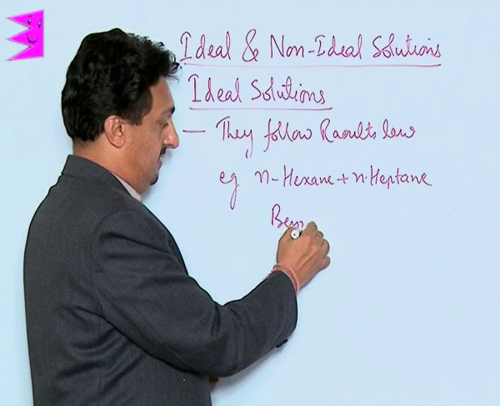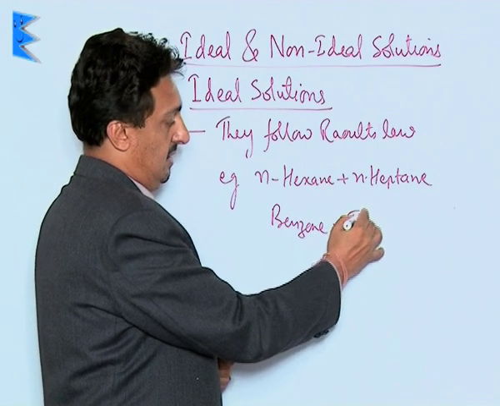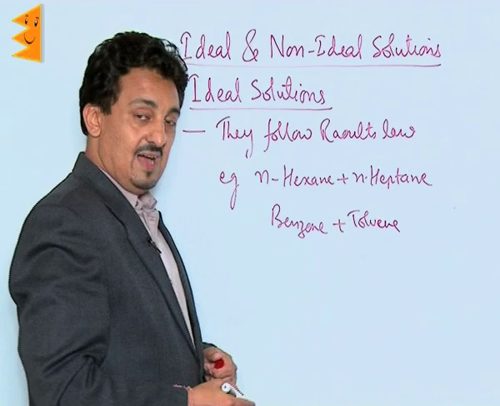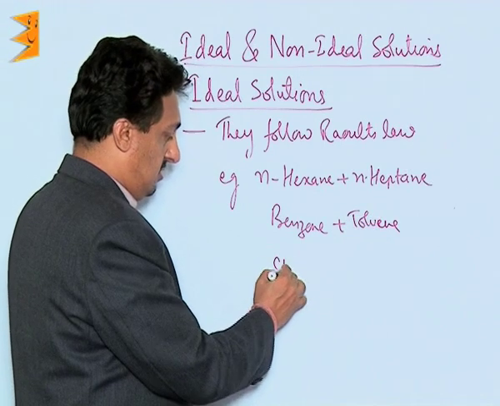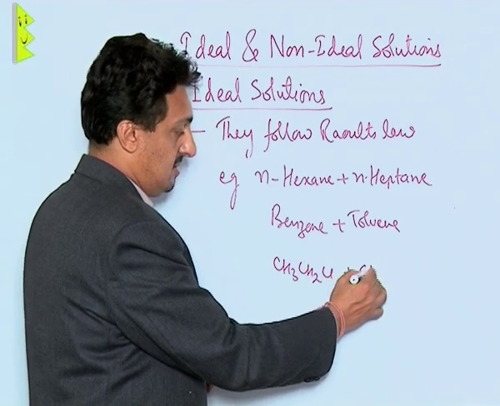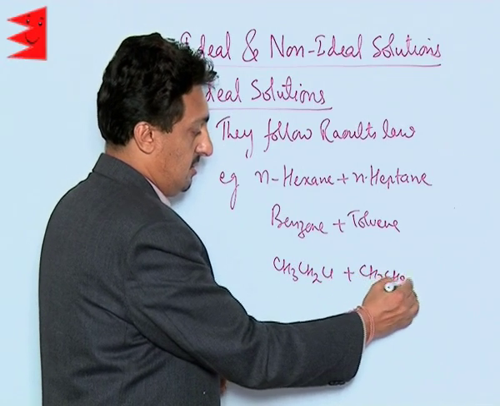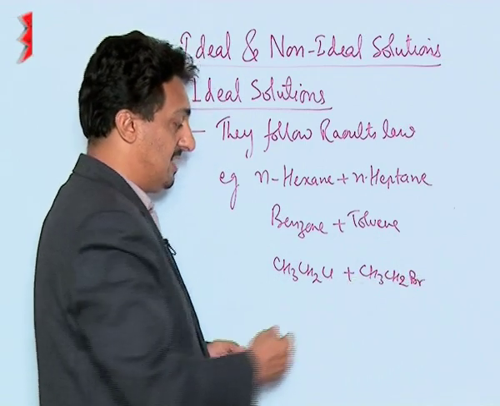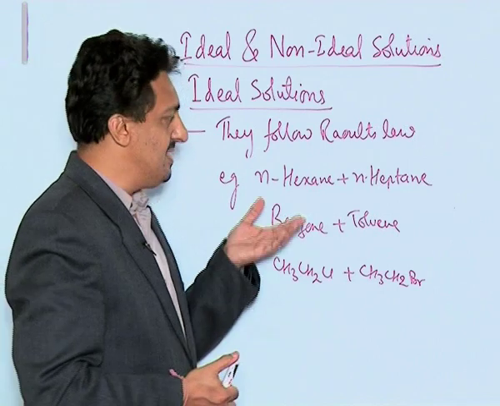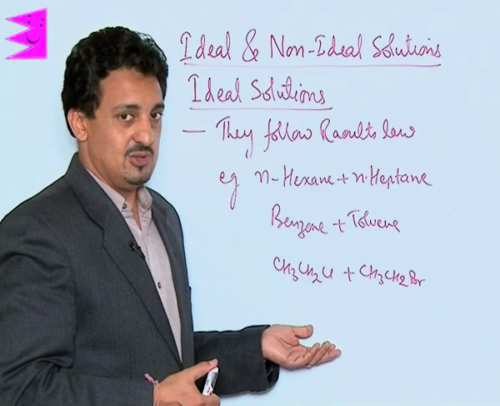When benzene and toluene are mixed, we get an ideal solution. When chloroethane and bromoethane are mixed, we get ideal solutions. So all these are examples of ideal solutions.